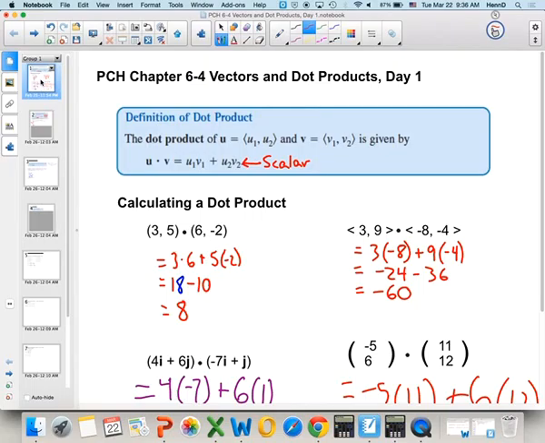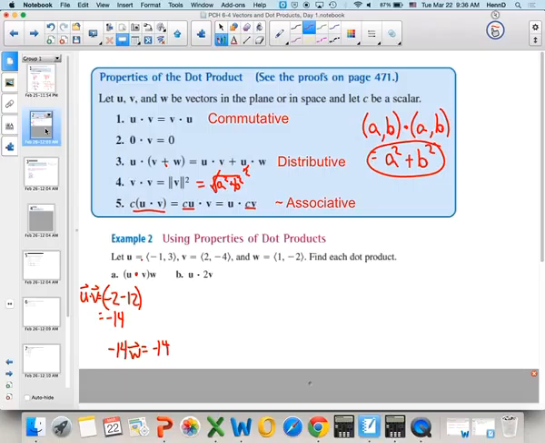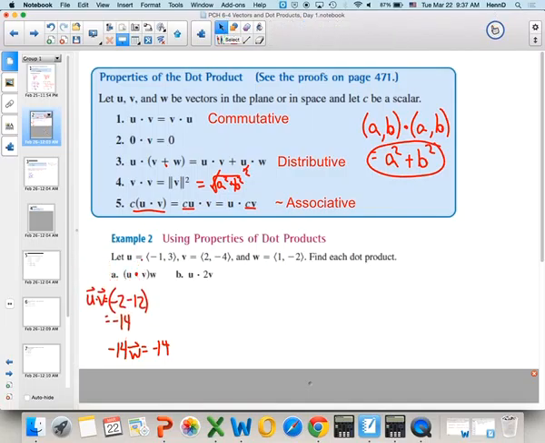So wait, go back for a second. Is it negative 2 minus 12? Yeah, negative 2 minus 12. You don't need the parentheses there. Negative 2 minus 12 would be negative 14. Let me get rid of the parentheses. I think that may be what's confusing.